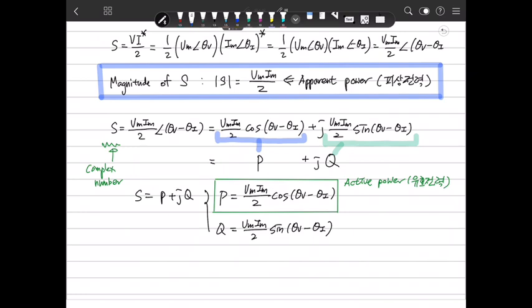And this component Q we call the reactive power. In Korean, it's 무효전력.